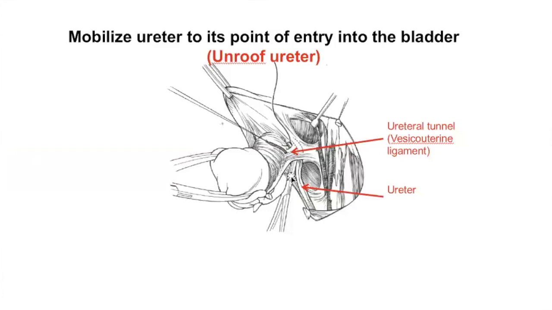So we are now placing a clamp on the top of the ureter, but underneath the roof. So the ureter is going through a tunnel, and we are undermining this tunnel because it's going to be clamped and cut, further exposing the ureter as it courses towards the bladder.